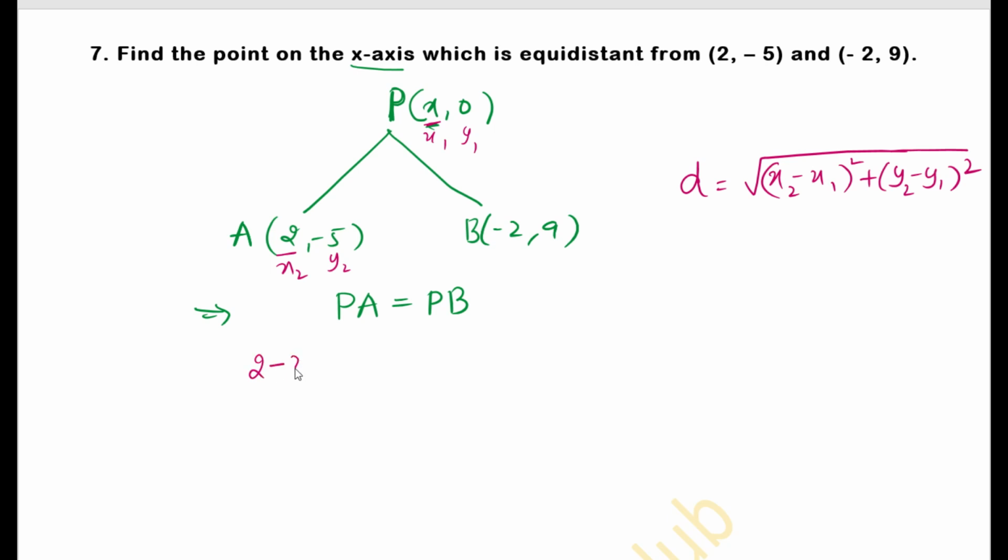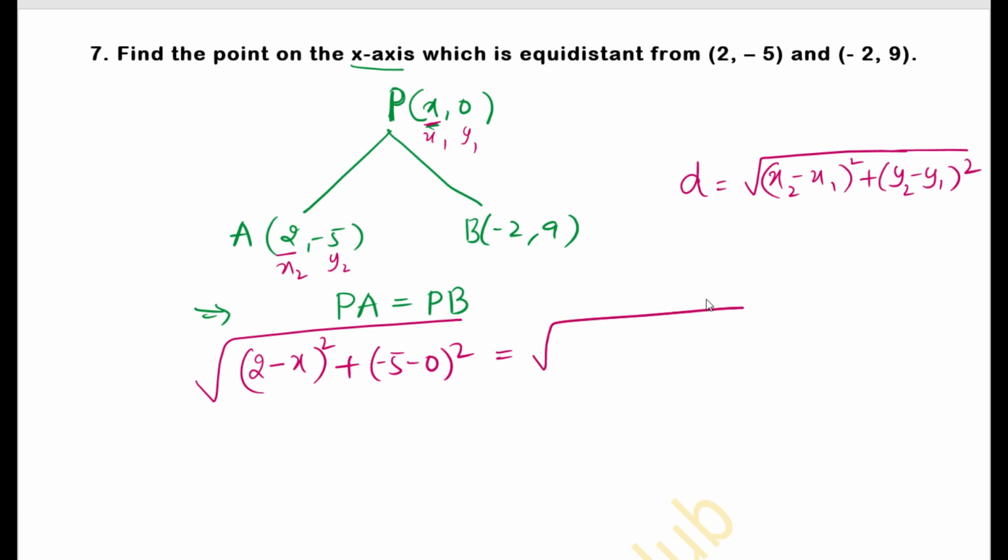2 minus x the whole square plus minus 5 minus 0 the whole square, that is the square root of. In the same way, what is PB? PB is equal to, this is x2, y2, it becomes x1, y1, that is minus 2 minus x the whole square plus 9 minus 0 the whole square.